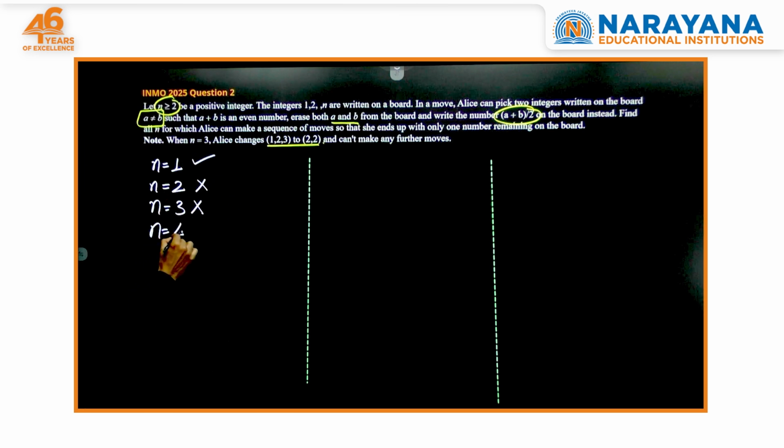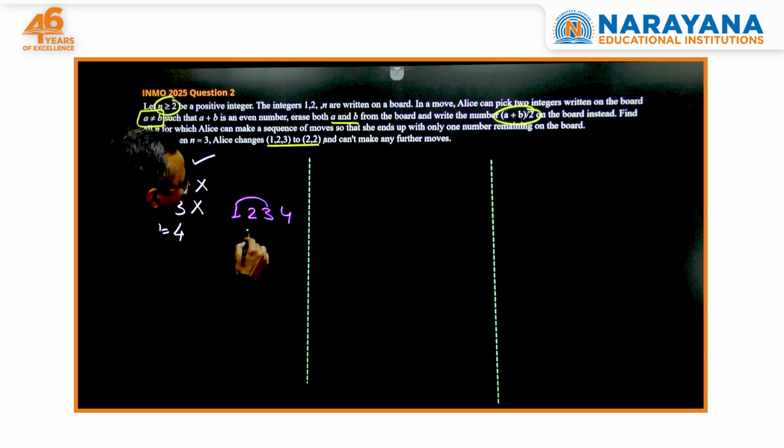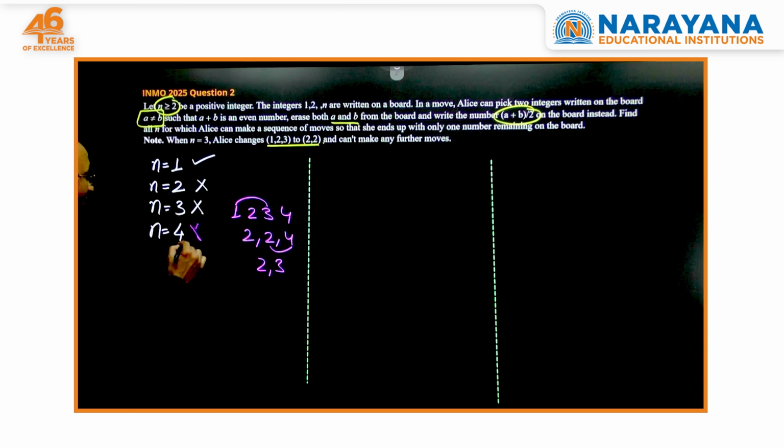For n equal to 4, we have 1, 2, 3, 4, and obviously the only possibility is (1 plus 3) by 2, giving 2, 2, 4, and then (2 plus 4) by 2, giving 3. So you can't move further. So n equal to 4 is not possible.